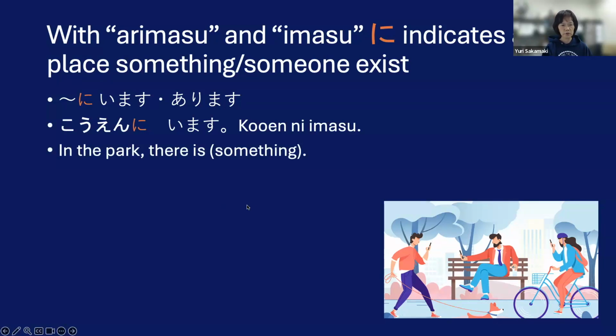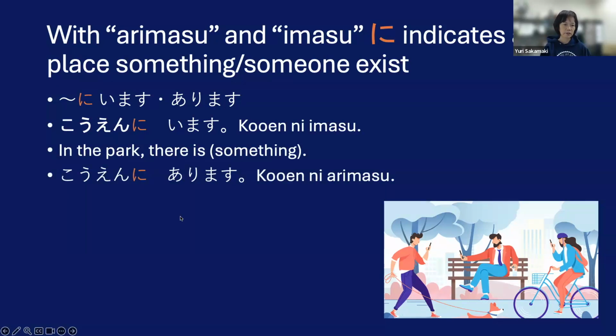We don't know who is there, but someone. 公園にあります. Again, I don't know who, I don't know what, but it exists. So maybe you can say like a bench. Bench is bench. 公園にベンチがあります. So you can add different phrases here, but this is the minimal expression with, okay, something exists in the park.